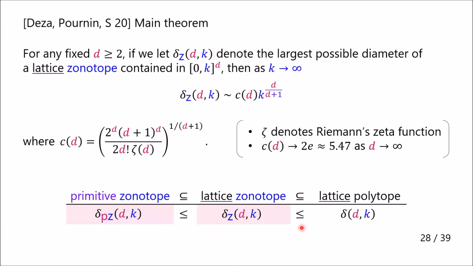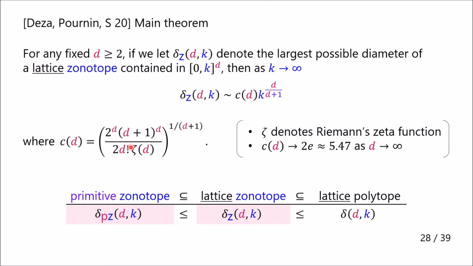Now I'd like to state the main theorem of this paper. For any fixed d greater than or equal to 2, if we let delta_Z(d,k) denote the largest possible diameter of a lattice zonotope contained in this d-dimensional cube of length k, then when k goes to infinity, one has this estimation, where C(d) is a function that depends only on d, and hence is a constant in fixed dimension.